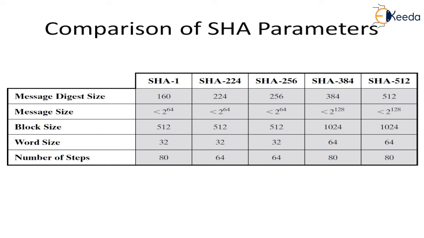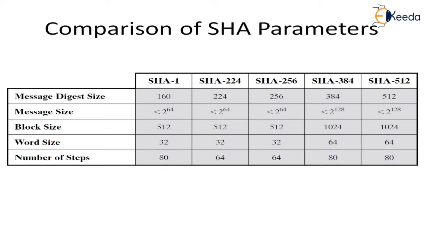Here is the comparison of parameters of SHA, in which we have SHA-1, SHA-224, 256, 384 and 512. These versions are available, and the parameters chosen are message digest size, block size, word size and number of steps.